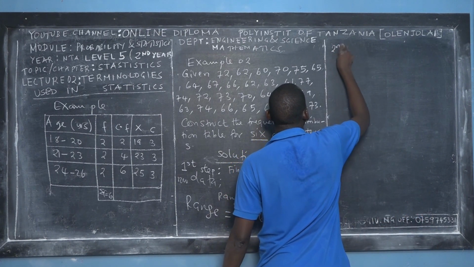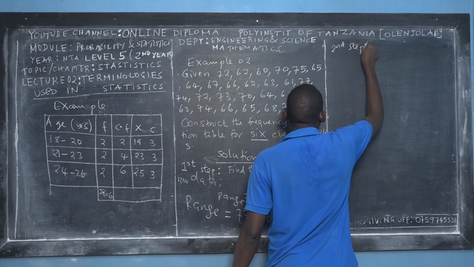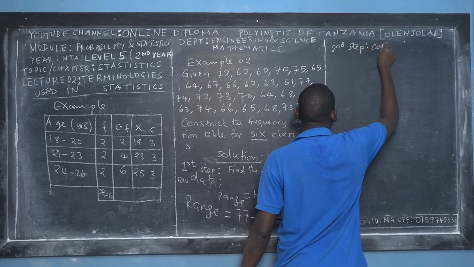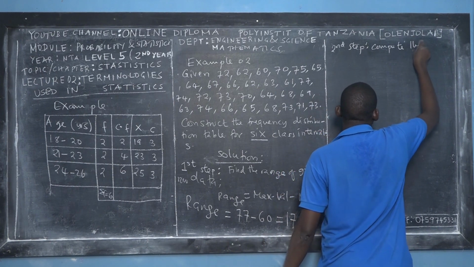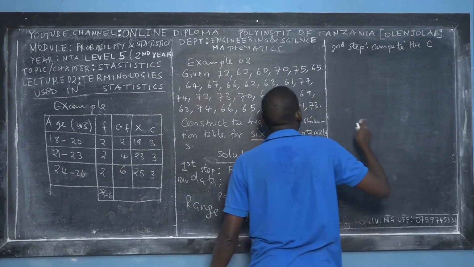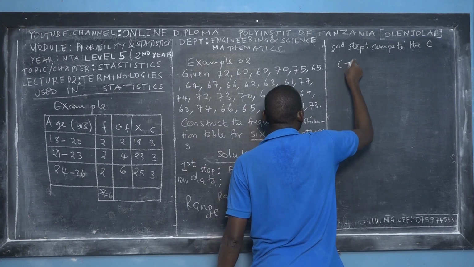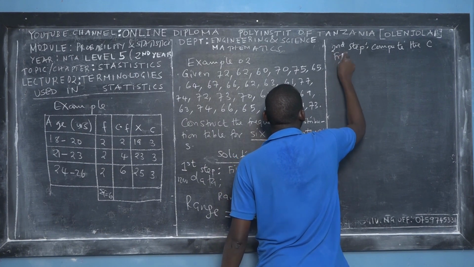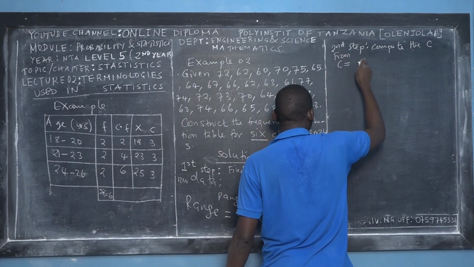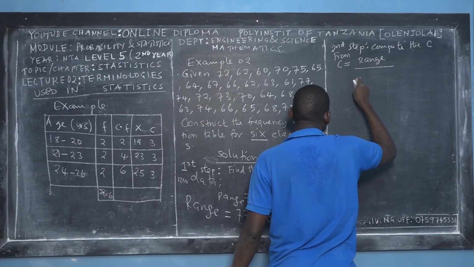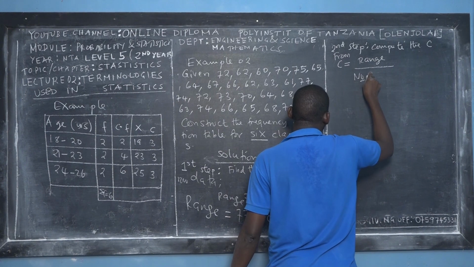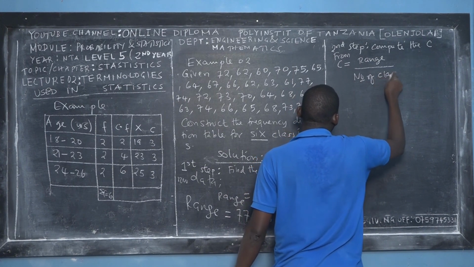So the second step: let us compute the class size of the statistical data. From this formula, the class size is equal to the range of ungrouped data over the number of classes.